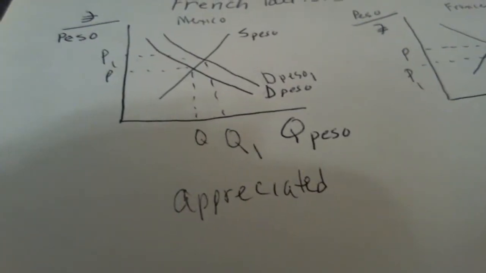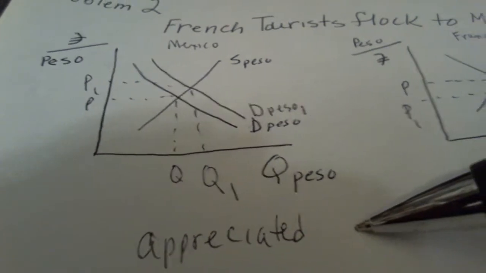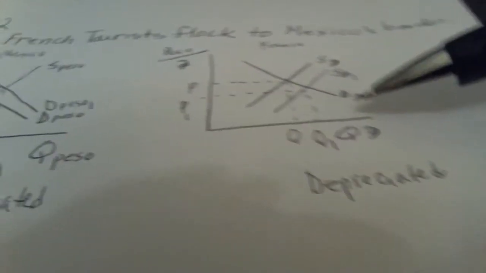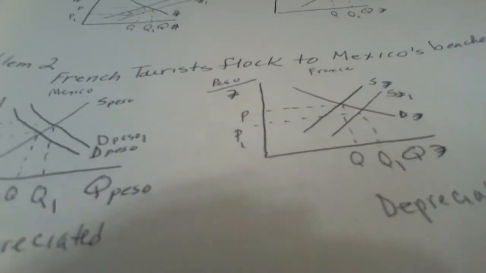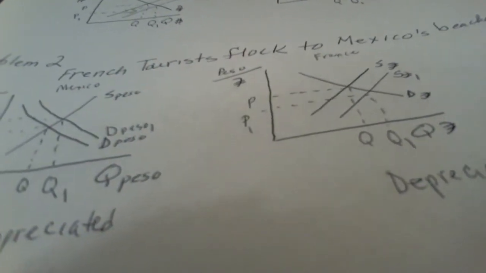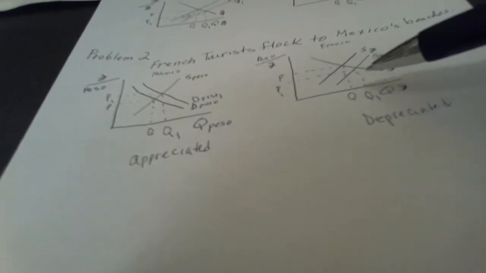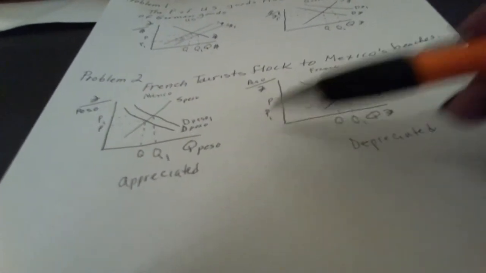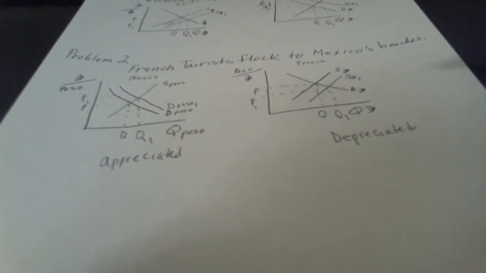All right. Notice when one currency appreciates, the other currency depreciates. If, when you draw the curves, you have both appreciating or you have both demonstrating depreciation, you shifted one of the curves incorrectly.